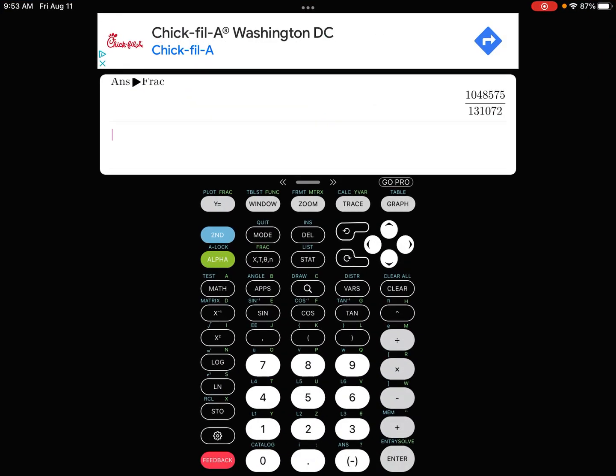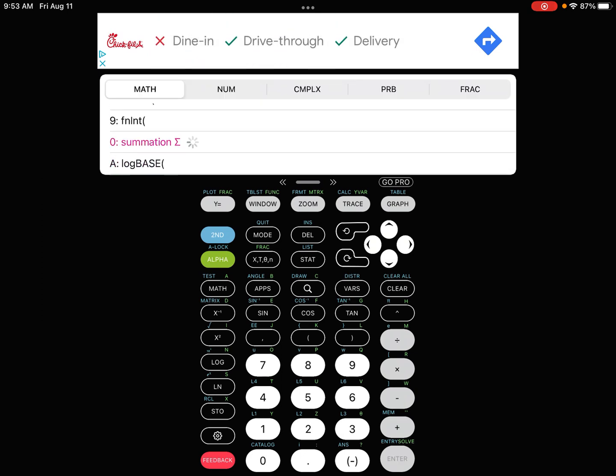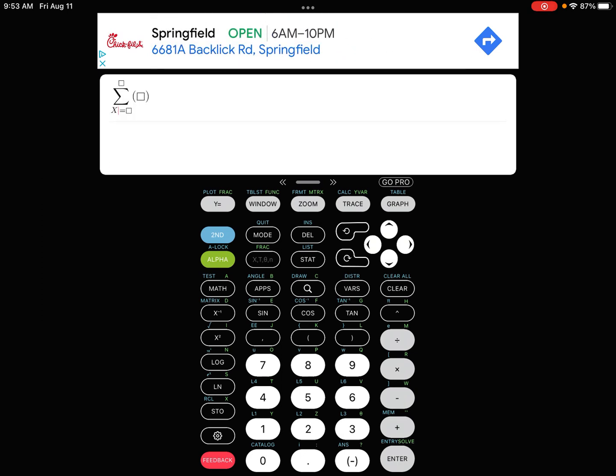So if you're putting this in the calculator, math button and your summation notation. So we're going to put x equals 1 to 6. Now, these parentheses are the calculator's parentheses. They're not your parentheses, so you cannot use them. You see, I can't get in front of the parentheses if I move to the left. So you have to put everything of your problem inside these parentheses.